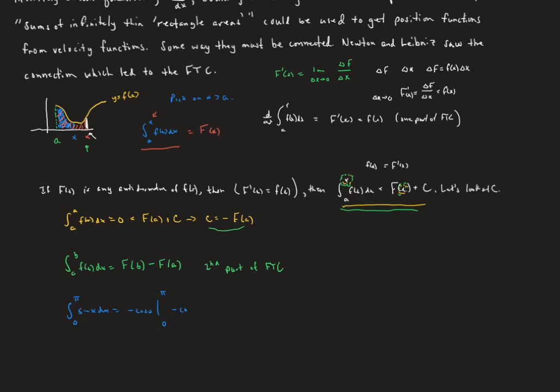So we get a negative cosine of pi minus a negative cosine of 0. Since the cosine of pi is -1, the negative of -1 is 1, the minus negative is a plus, and the cosine of 0 is 1, and so we get that that is 2. Very good.